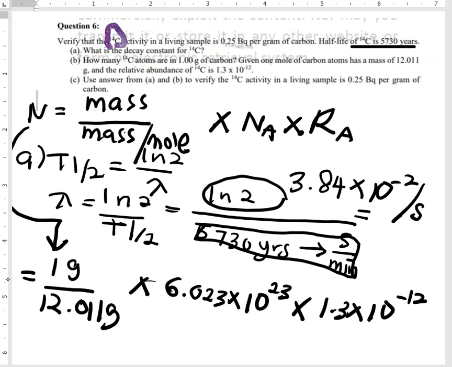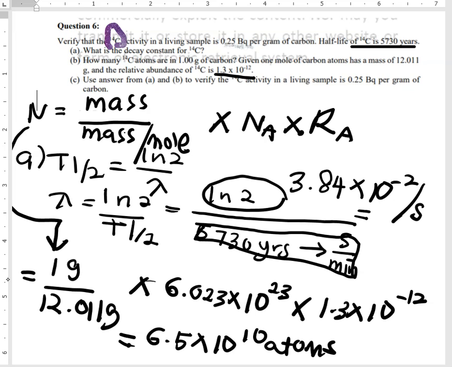You were given the number over here. Calculate it, and you're supposed to get the number of atoms for this carbon equal to 6.5 times 10 to the power of 10 atoms. So this is the answer for B.